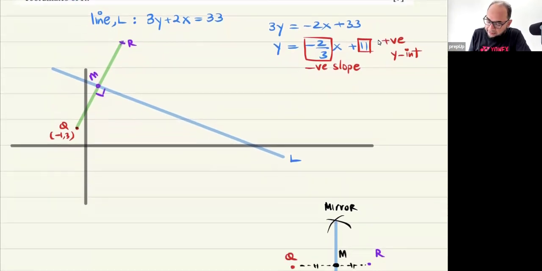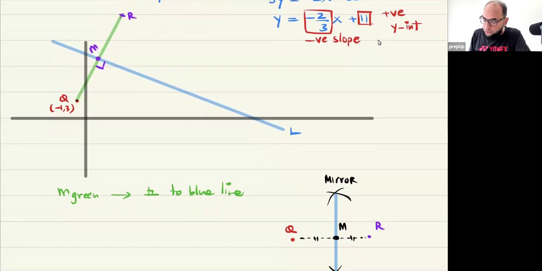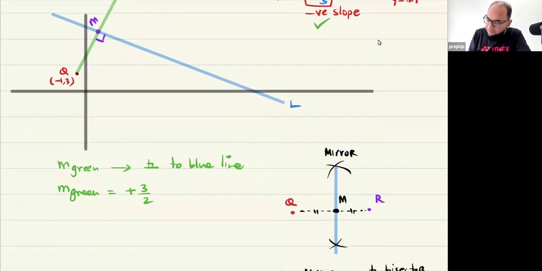That means the gradient of this green line, which is perpendicular to the blue line, is positive 3 over 2, the negative reciprocal of this. It's starting from Q.